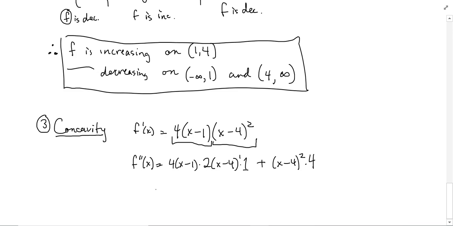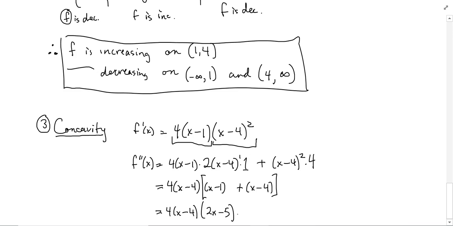All right, so simplifying a bit, we get what? Let's factor out a 4. Let's factor out an x minus 4 from both terms. And that leaves x minus 1 from the first term and x minus 4 from the second term. Simplifying a little bit, this becomes 4 times x minus 4 times 2x minus 5. I'm noticing here, guys, I left off this copy of 2 right here.